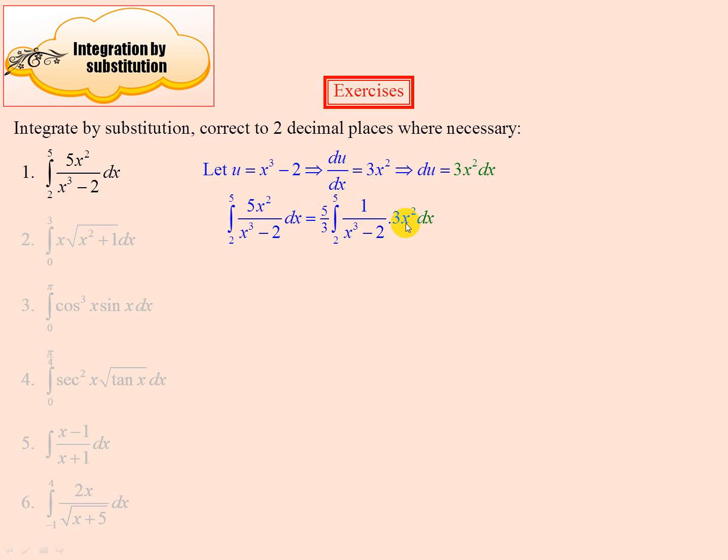It's 5x squared, so to have 5x squared still I need a 5 over 3. Now remember I have to deal with those numbers there too. So I substitute, there's du, there is 1 over u, and u is equal to x cubed minus 2. So 5 cubed minus 2, 123, 2 cubed minus 2, 6.